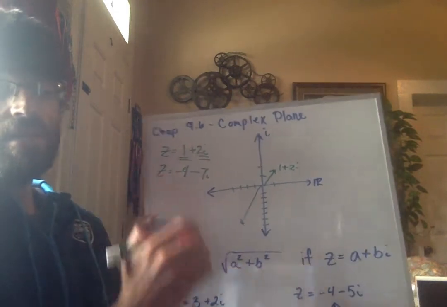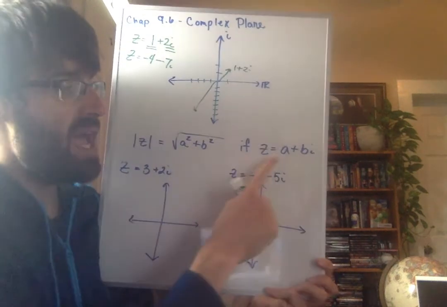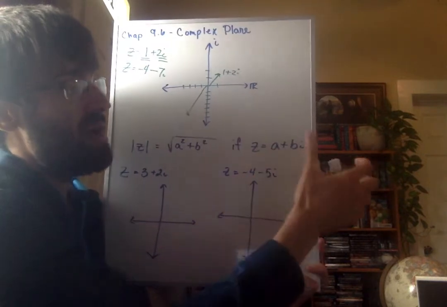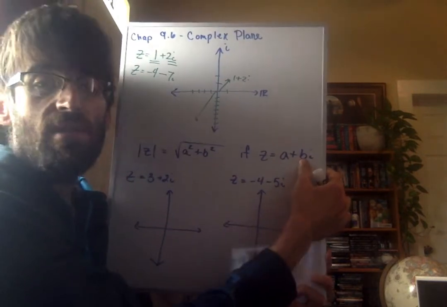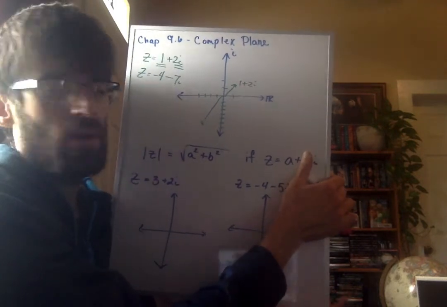Now, the next thing we're going to talk about is complex numbers in the form a plus bi. If b is 0, it's still a complex number, but it's going to be a real number.